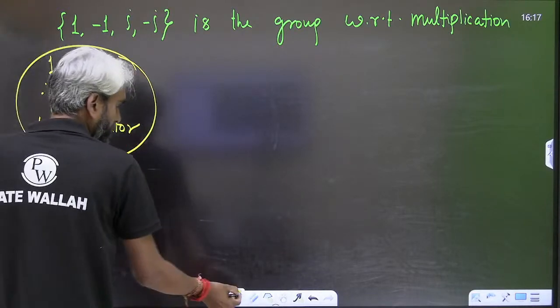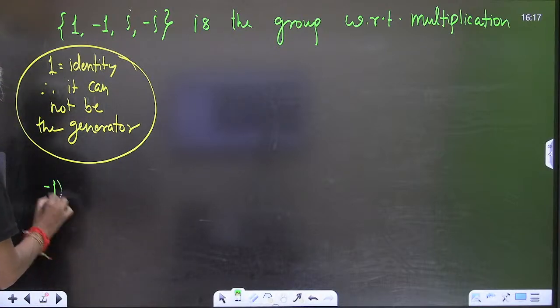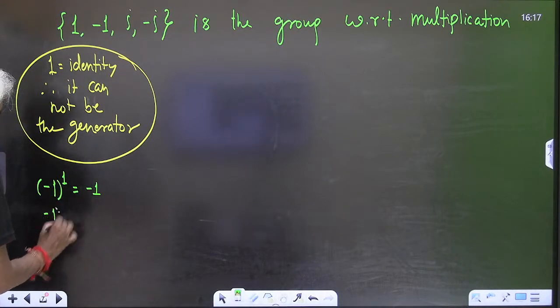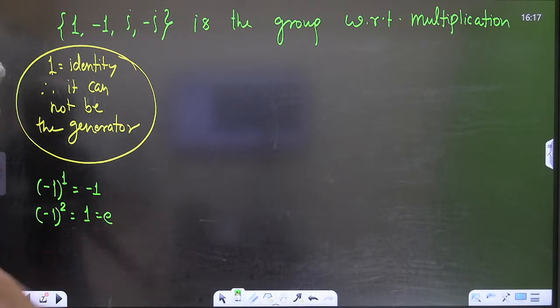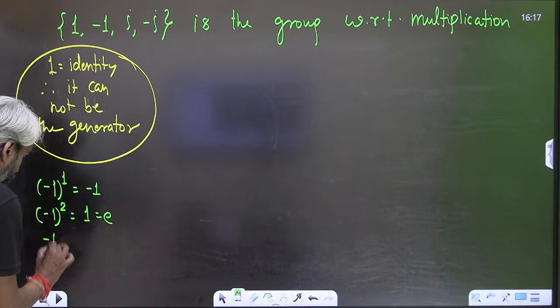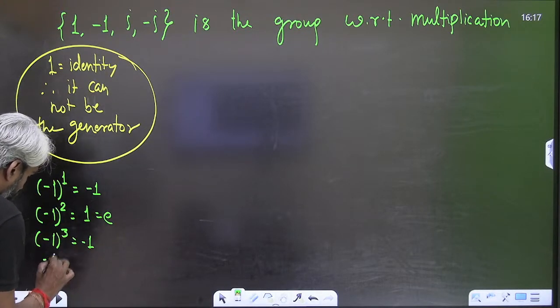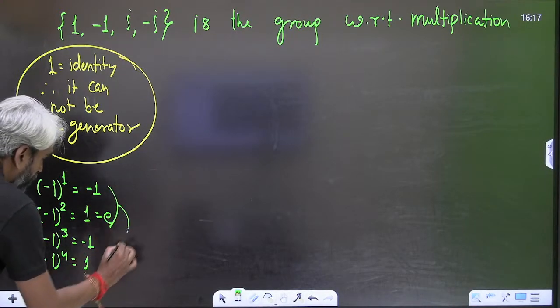Fine. So for another element, -1 raised to the power 1 is -1, -1 raised power 2 is 1, which is the identity element. Now if we increase the power any further, we will start repeating the element. -1 raised power 3 will be -1, -1 raised power 4 will be 1.